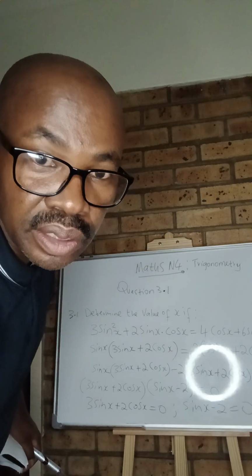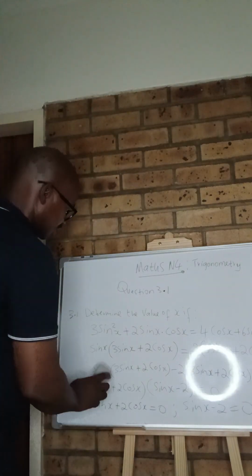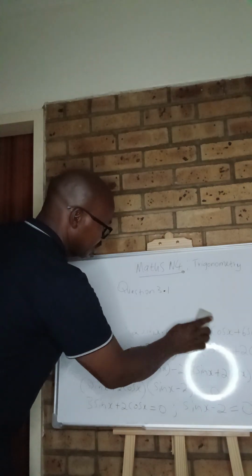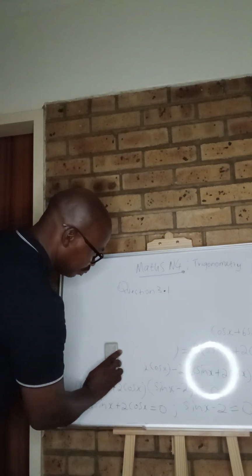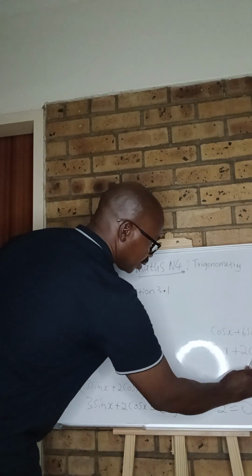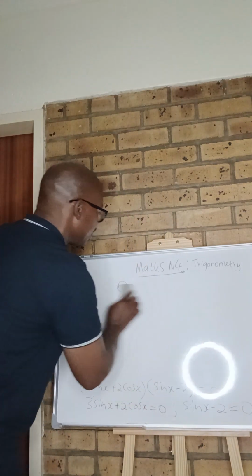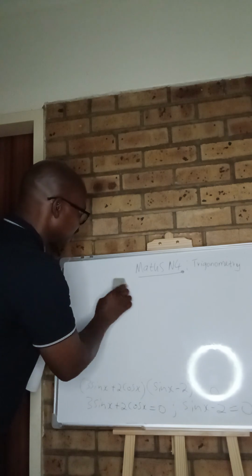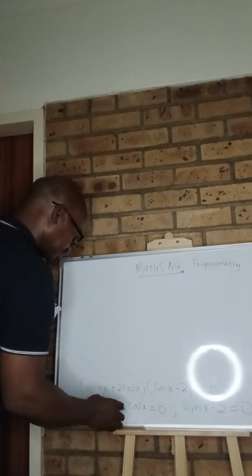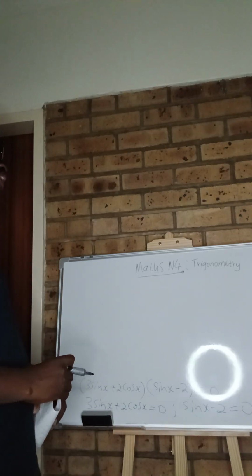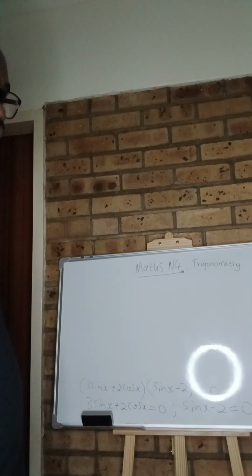Hopefully you are able to see what I'm writing on this whiteboard. If I've erased, you can download this video and pause it in order to get what is really necessary.